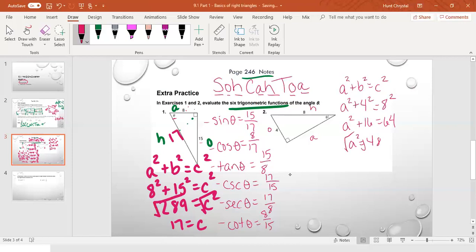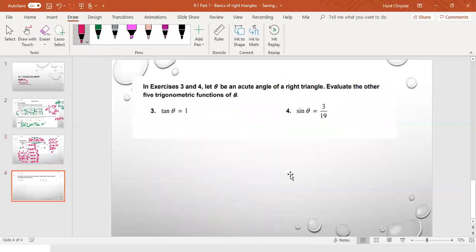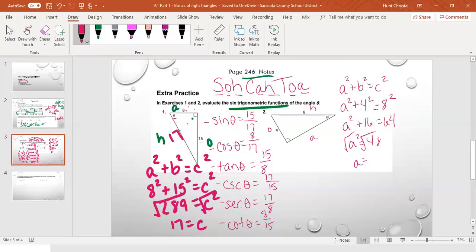All right, so we're going to square root both sides. Now remember back to square roots when you could break those down. This is something that actually can be broken down. So square root of 48, let's go. Square root of 48 would be, I believe 16 goes into that 3 times, right?